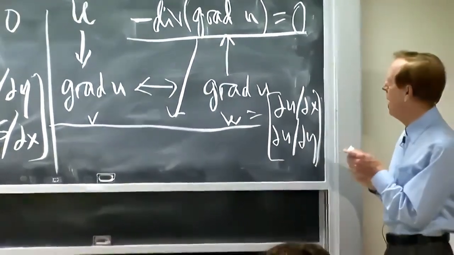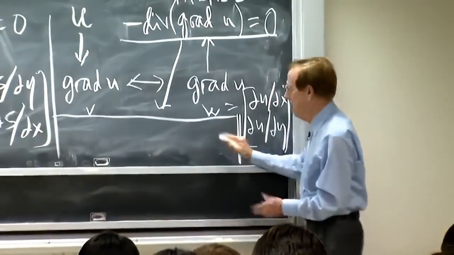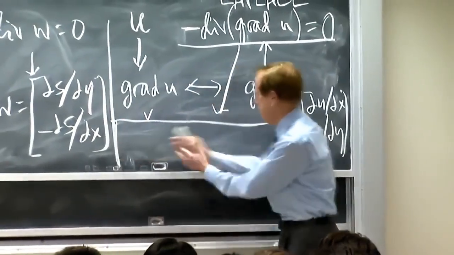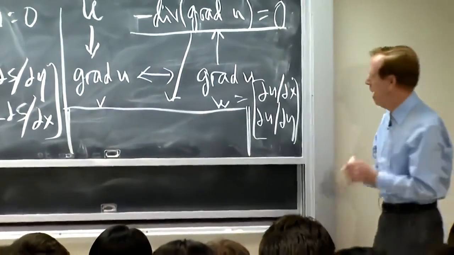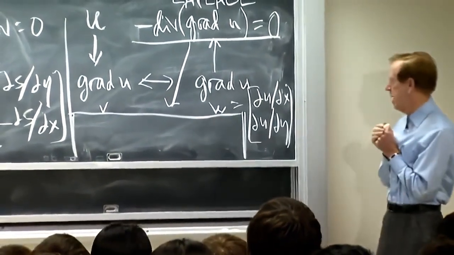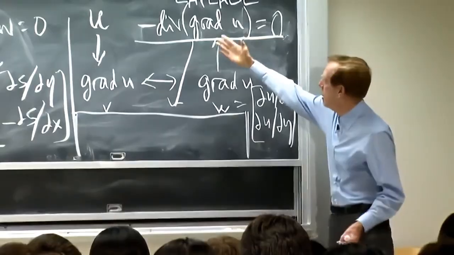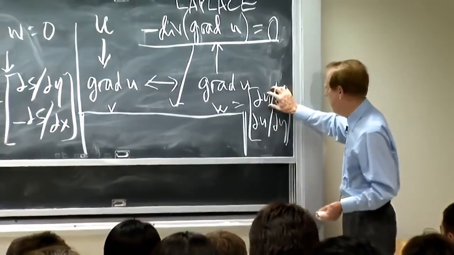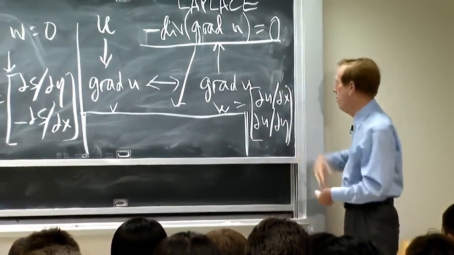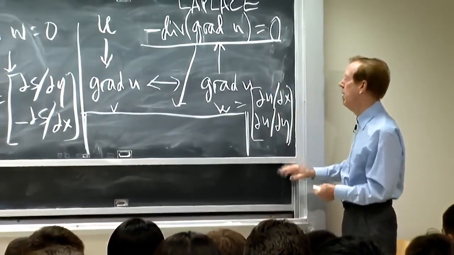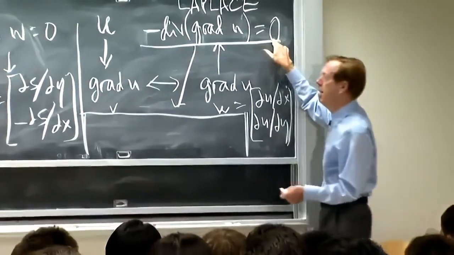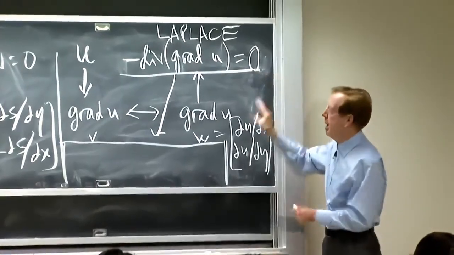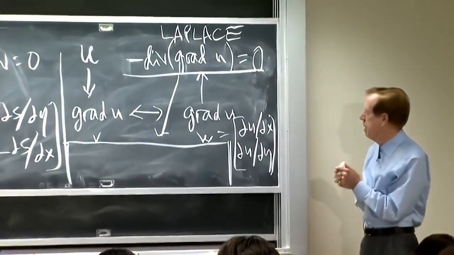It's crucial. I need brilliant colors and lights shining now for this, what goes in there. Because I want to take the divergence of the gradient. So what does that mean? I take the x derivative of the first component plus the y derivative of the second component. The minus sign is not going to matter with a 0 on the right-hand side. I could cancel the minus.